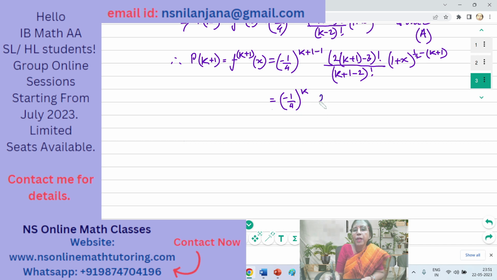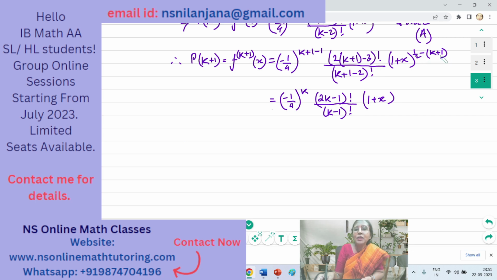So it will be 2k minus 1 factorial over k plus 1 minus 2, which is k minus 1 factorial, and 1 plus x raised to half minus k minus 1.